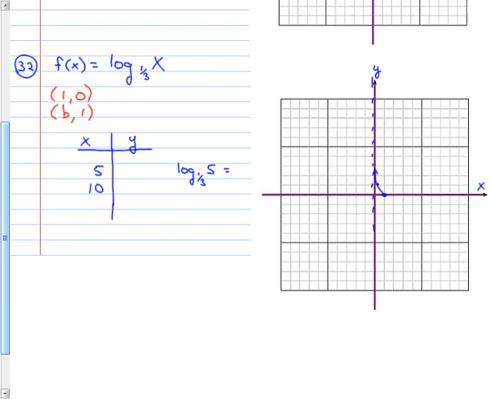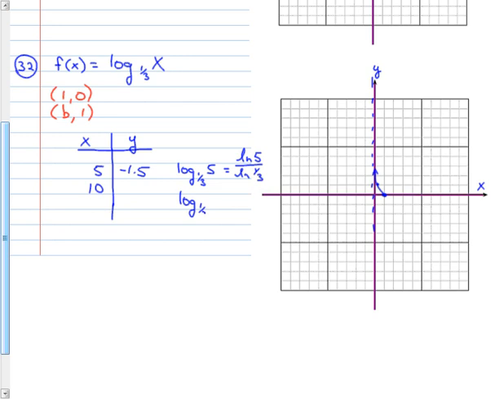So if I take the log of 5, I'm going to choose natural log, though it doesn't matter if you do natural log or common log. I'm going to do natural log of 5 divided by natural log of 1/3. So you can try that while I am trying that. Make sure you are using parentheses around your 5 and your 1/3, or 1 divided by 3. Should get negative 1.5 approximately.